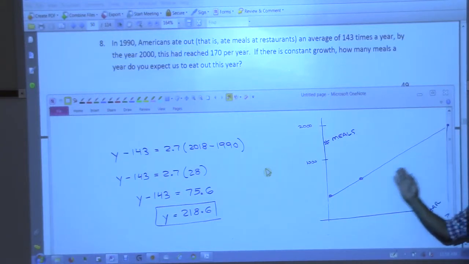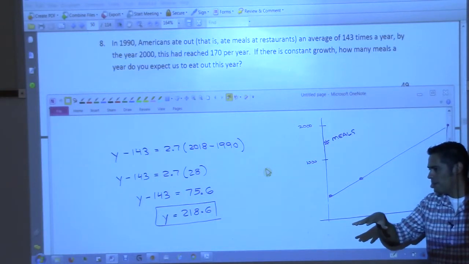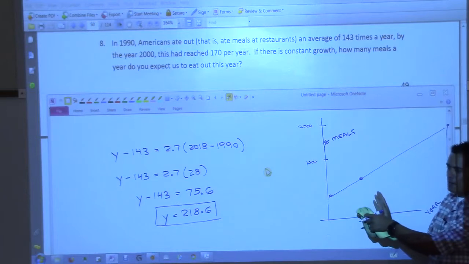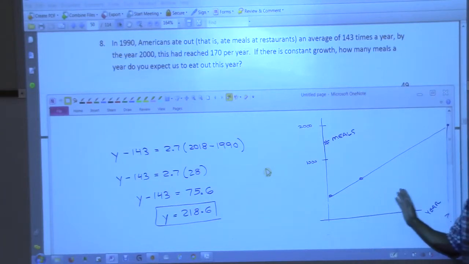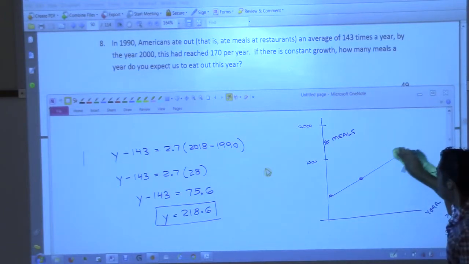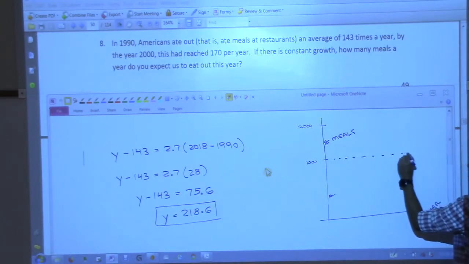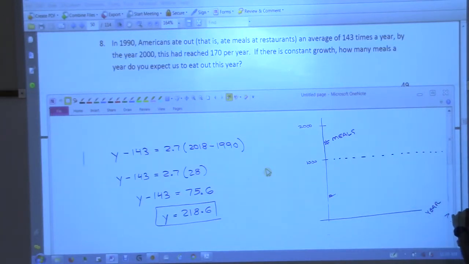So although the linear model is decent for looking at maybe years near 1990 and 2000, it wouldn't be a good model long term. We would need a better model, and it couldn't be a line. It'd have to be something else, probably something that looked like this. Here's 1,000. Like 1,000 would probably be a ceiling that we would never see ourselves going over.